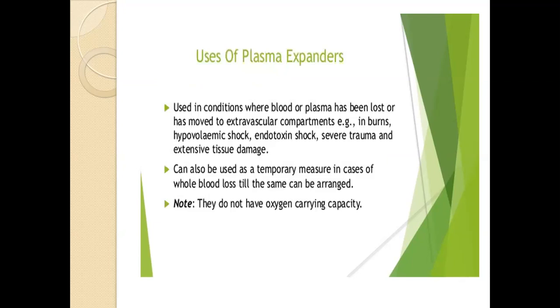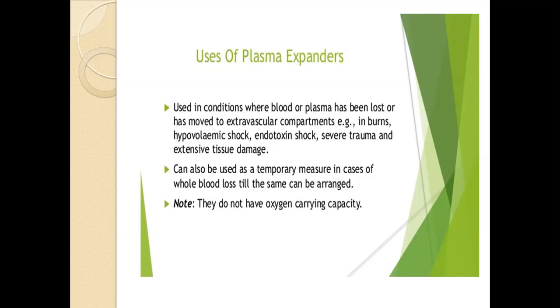Uses of plasma volume expanders: they are used in conditions where blood or plasma has been lost or has moved to extracellular compartments, for example in burns, hypovolemic shock, endotoxin shock, severe trauma and extensive tissue damage.